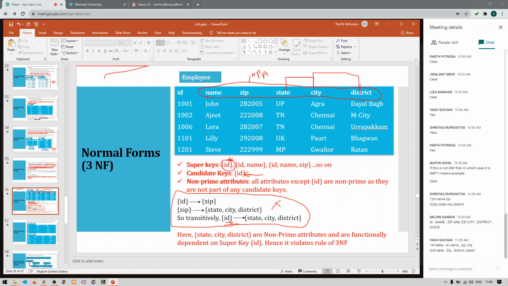Okay, ID, name, zip, city and zip, district, state. Yes, it is possible. Any other answers? Anyone?